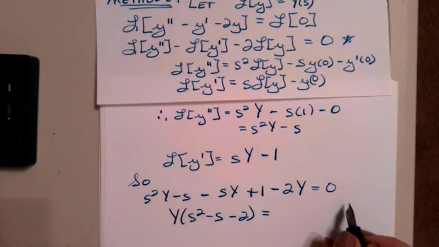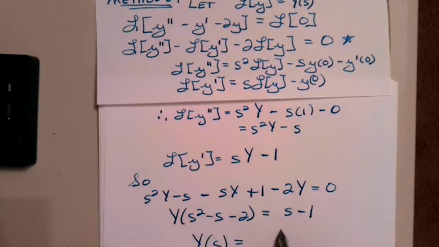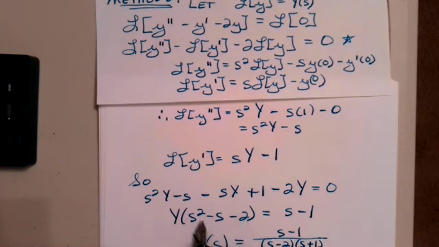And the other terms we'll bring to the other side, is equal to s minus 1. Okay, and so Y is equal to s minus 1 over s squared minus s minus 2, which is s minus 2 times s plus 1, because this thing factors to s minus 2, s plus 1.